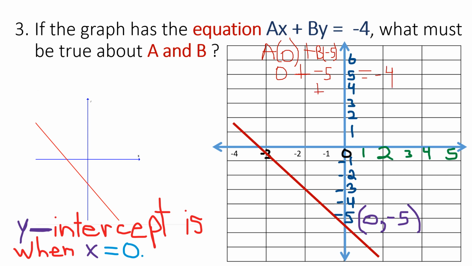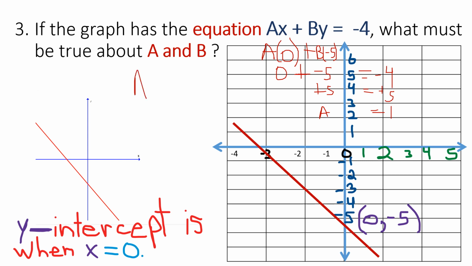When you take this over, you do the same thing on both sides. Your a value has to be positive, and your b value has to be negative. That's the question they're asking you.